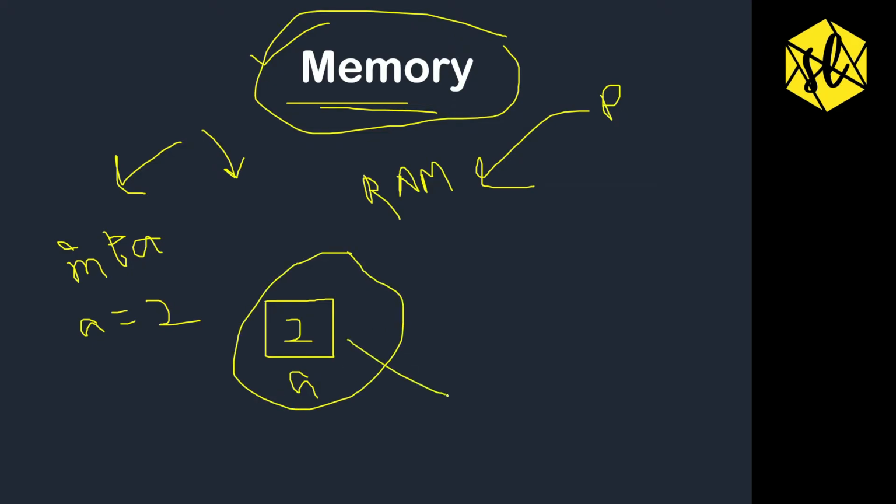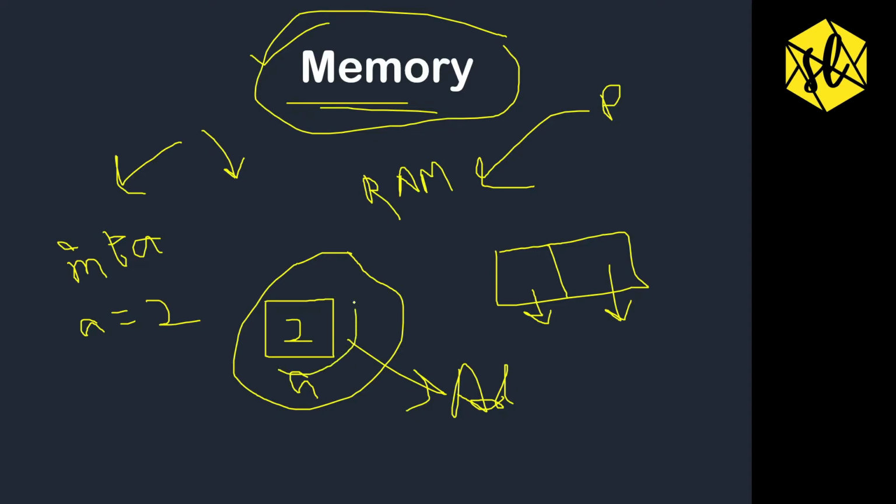Now, one more thing that we have to understand very well is that every single memory block has an address. Every single block. If we have an array, it is something like this. We will understand this in later videos. Every single block has some address, and also this memory block takes some space.